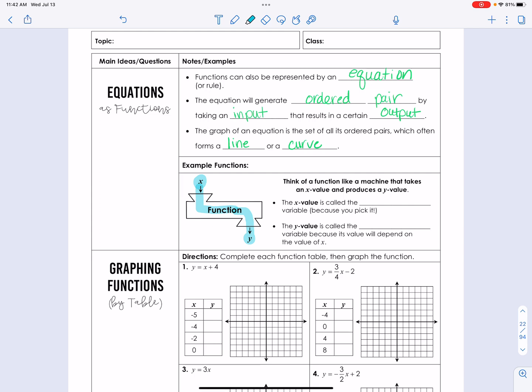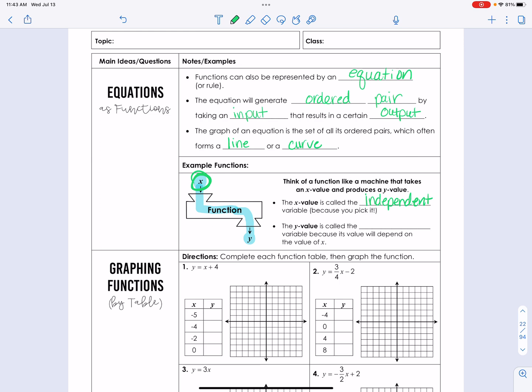This value that you're putting into the function, the x value, is called independent because you can pick it. For example, the hours worked question. You can pick how many hours you work. They have to schedule you, I guess, but you are in control of that.